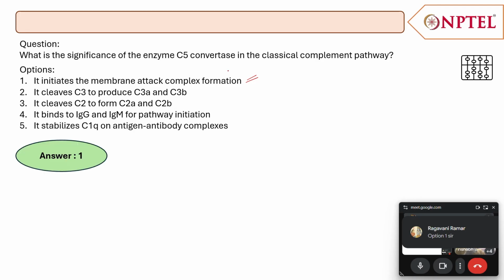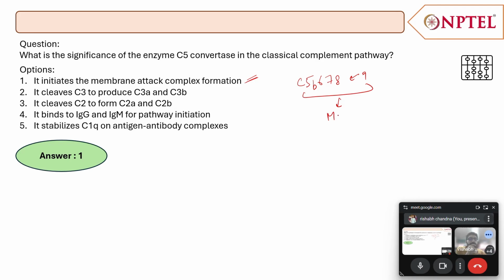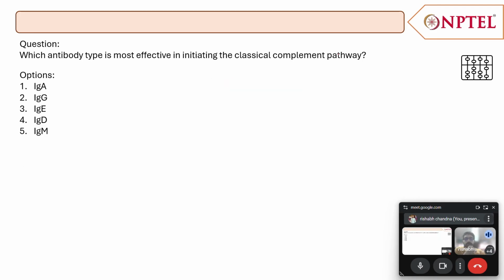Okay. Yes, the correct answer is option 1. C5 convertase leads to C5b, which leads to the recruitment of C6, 7, and 8 and eventually 9. So, these form the membrane attack complex. Okay. Now, moving on to the next question.